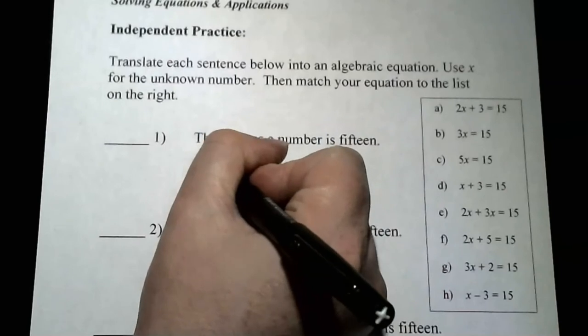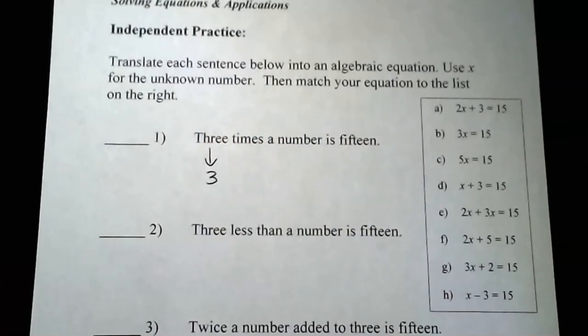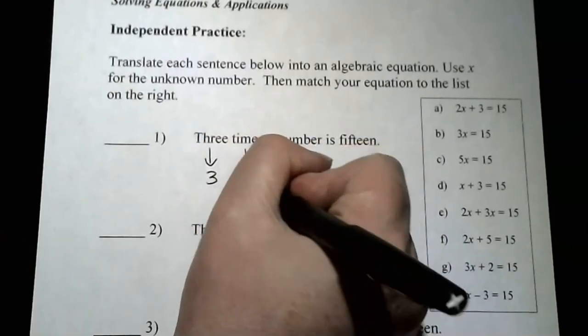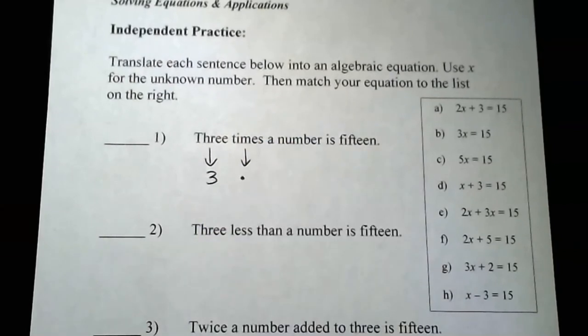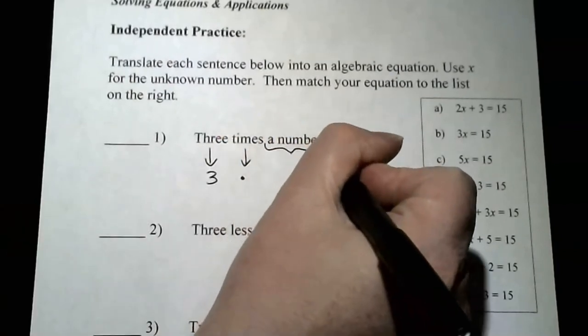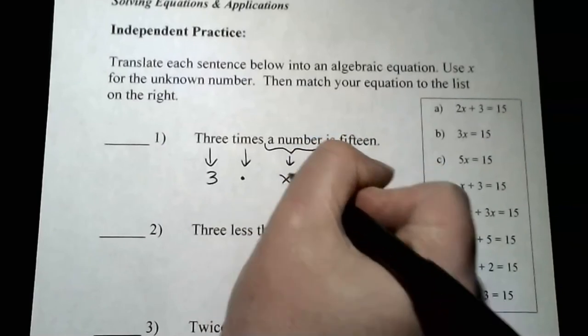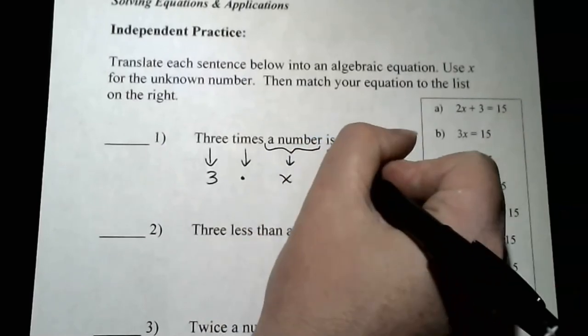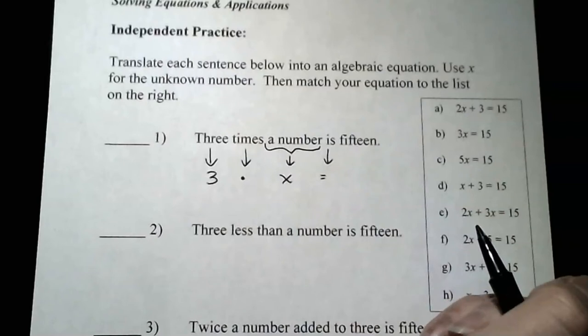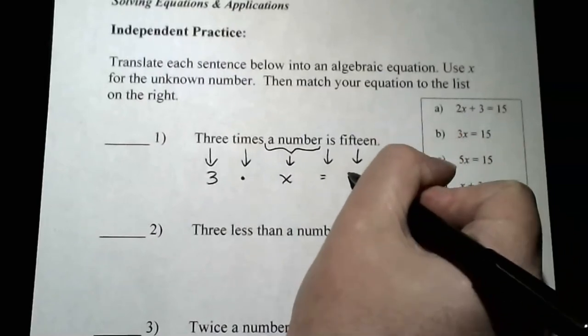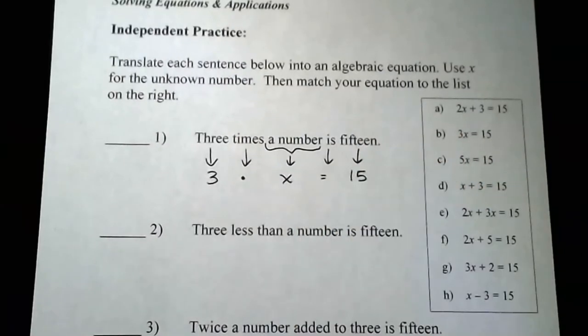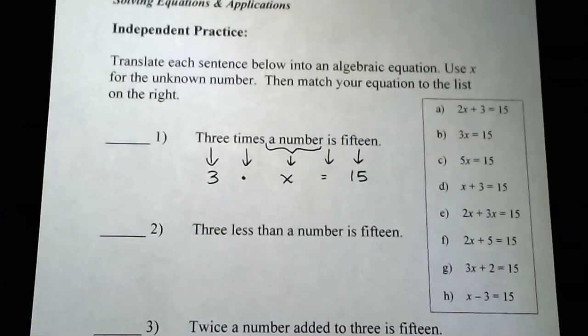So obviously 3 is a 3. Times means multiply. A number is x. The word is means equal, and then 15. So I do a rough translation first, and then I clean it up as a second step.